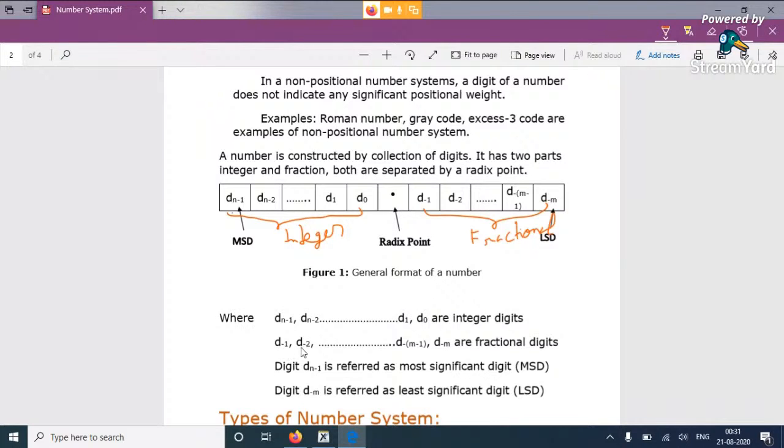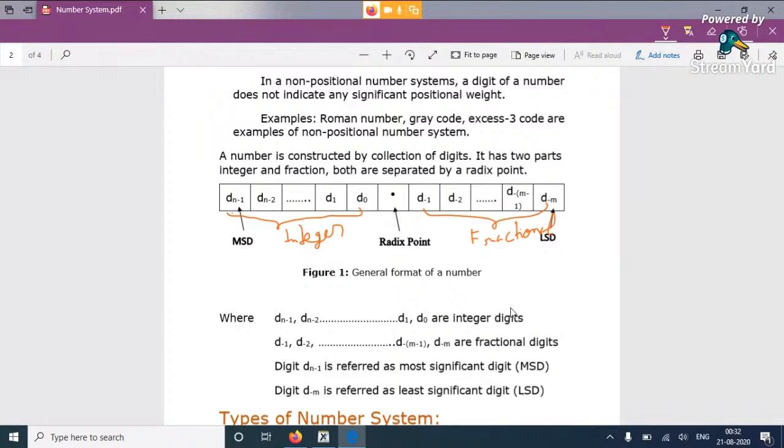Similarly, d minus 1, d minus 2, up to d minus m make up the fractional part, so these are fractional digits. The digit d n minus 1 is known as the most significant digit, and the last digit d minus m is called the least significant digit.